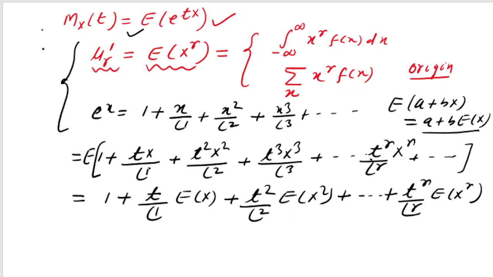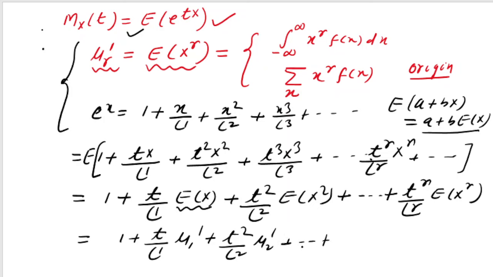In terms of mu r dash, what is expectation of 1? Expectation of 1 is mu 1 dash. So I can write it as t by factorial 1 mu 1 dash, t square by factorial 2 mu 2 dash, and so on. And the general term can be written as t to the power r by factorial r mu r dash, right?